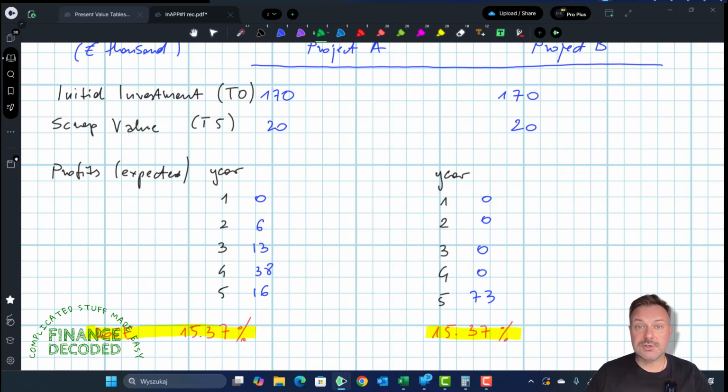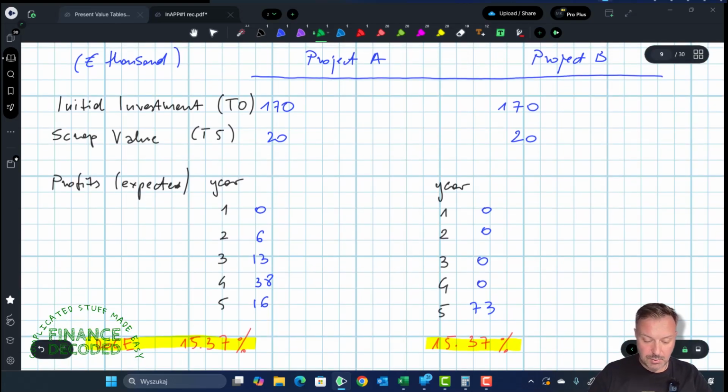Okay, but the projects are not identical, obviously. And I'm pretty sure that if I asked any of you which one would you prefer, you would probably point to project A, simply because things are happening quicker here.